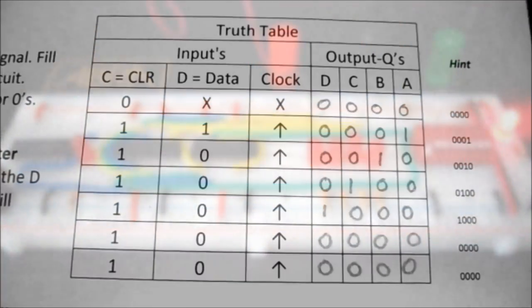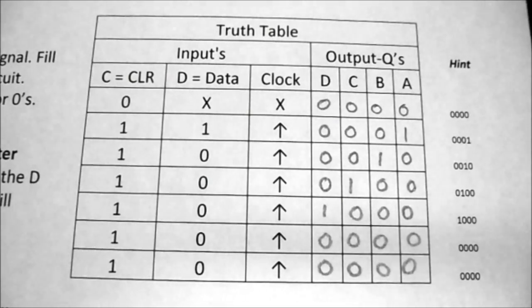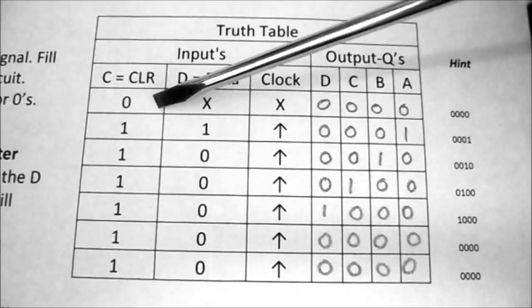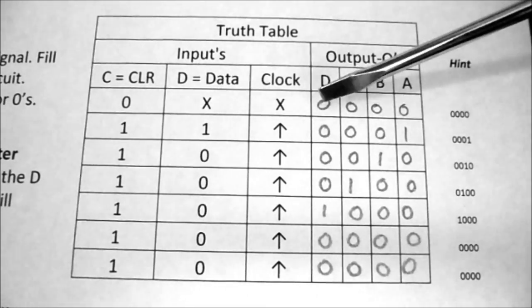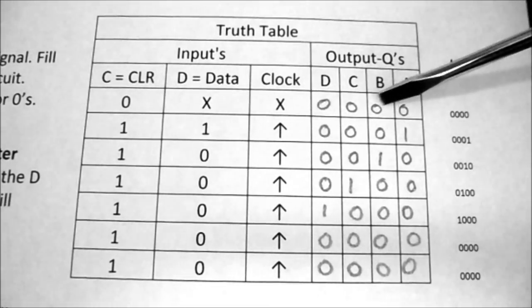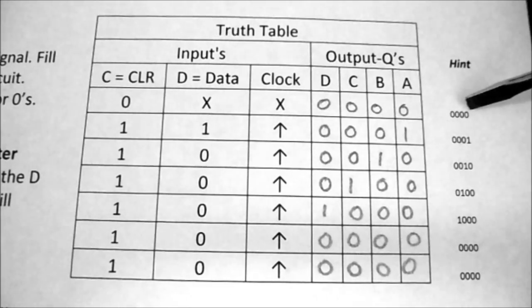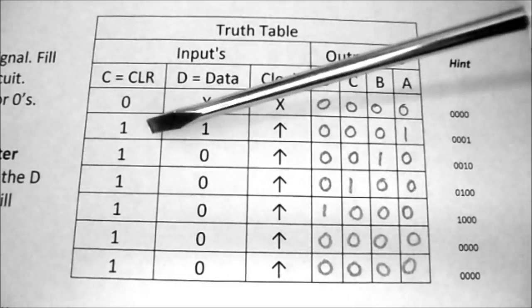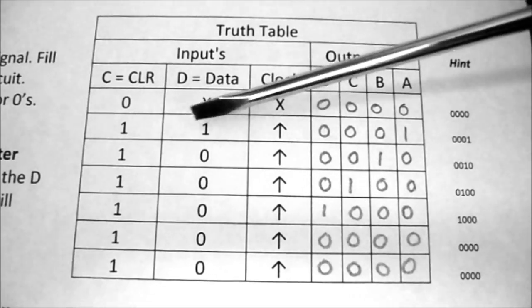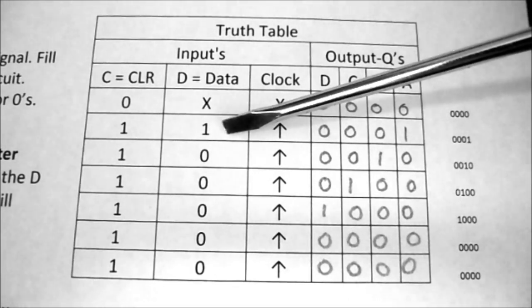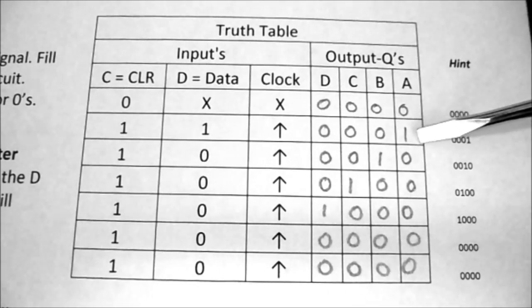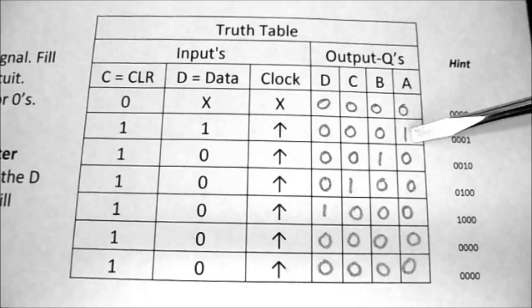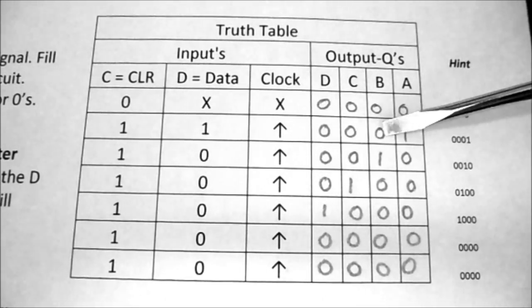So filling in my truth table, you can see when the clear line was at 0, all my Q outputs were 0, just like in the hint. And then when my clear line was high, and I put a logic 1 on my data input, my first Q output was 1, and the others were 0.